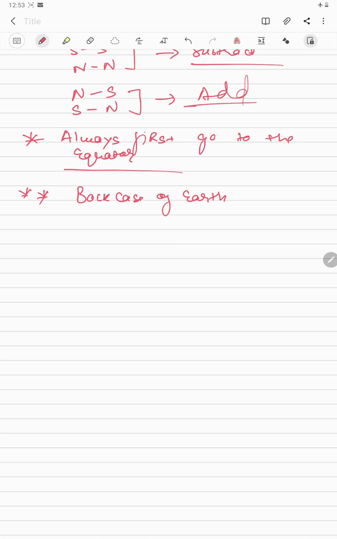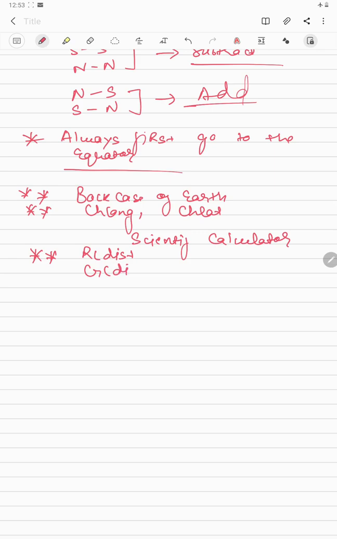And we will be discussing some examples of your Chlong and Chlat, and how to solve them using your scientific calculator, and then the remaining topics are your rhumb line distance and your great circle distance. Another very important thing, there are a few important cases of your Chlong and Chlat, which will directly come in your examination.